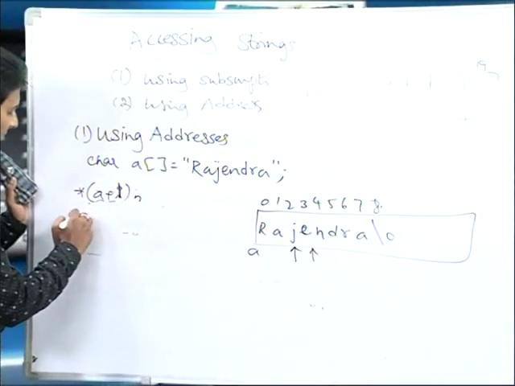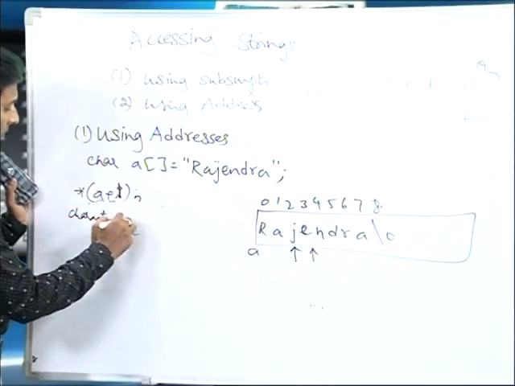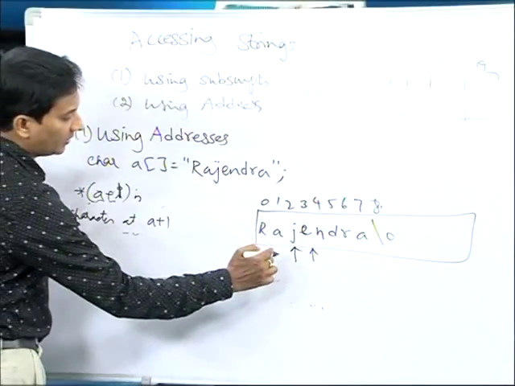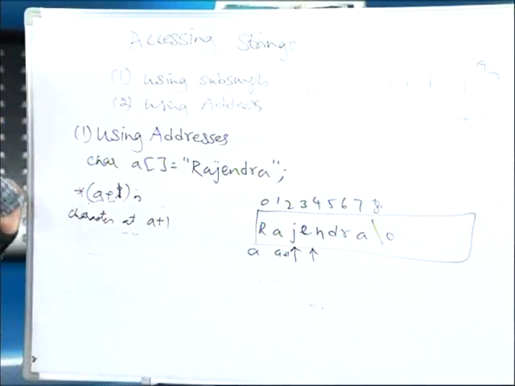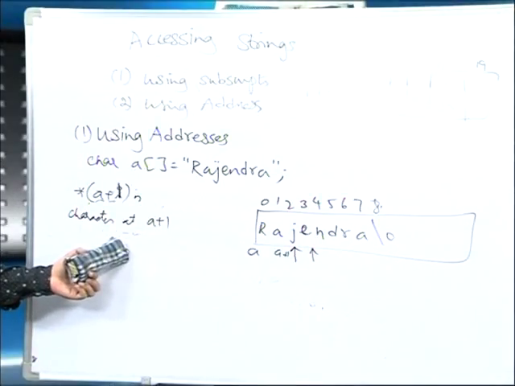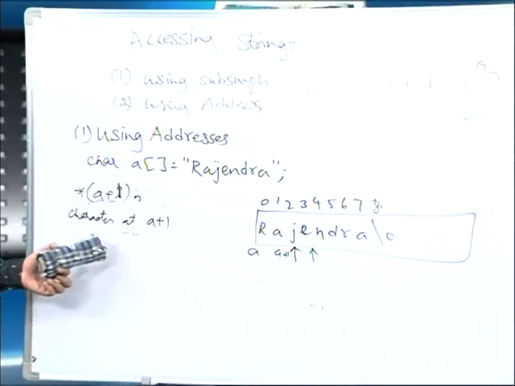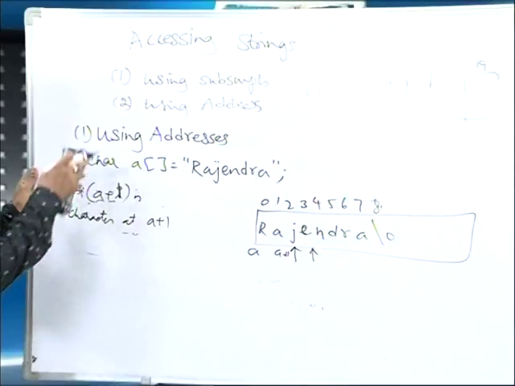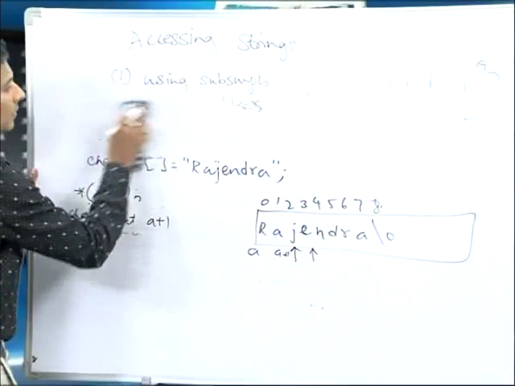The first character is the base address, the second one is A plus 1, the next one is A plus 2, and so on. Okay, these are the two ways we can access the strings. So we write one example program based on the strings, so that we will understand better.